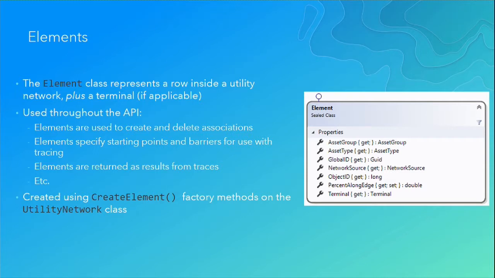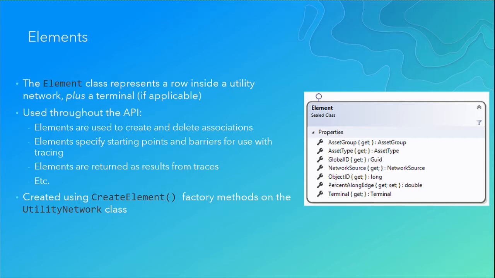When I say it is a row plus a terminal if applicable, when you're doing a trace, you can start a trace at a switch, or you could start it at a specific terminal on a device. Like I want to do a downstream trace from the low side of a distribution transformer. Likewise, when you get back results from traces, you may get back multiple elements for a single feature.